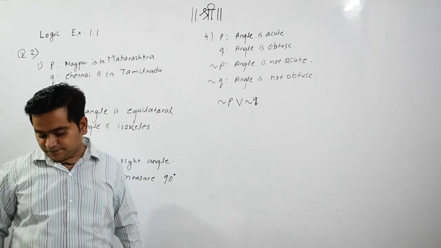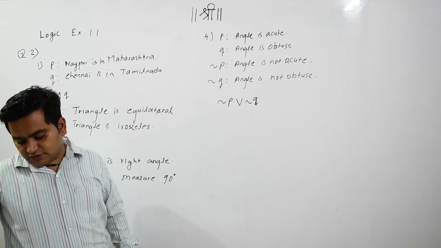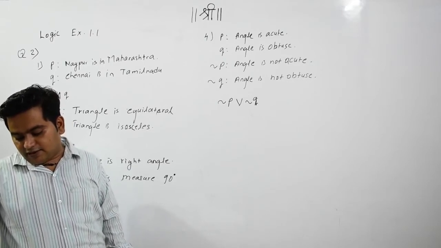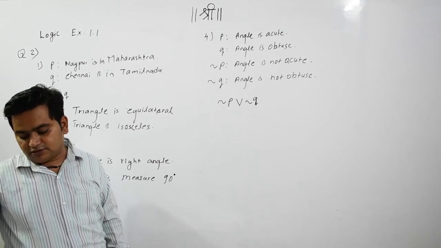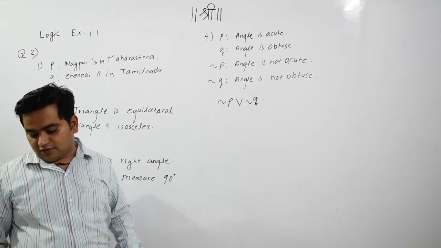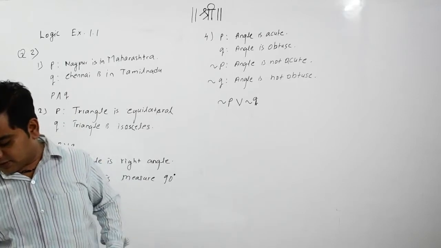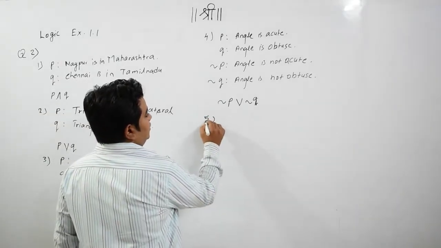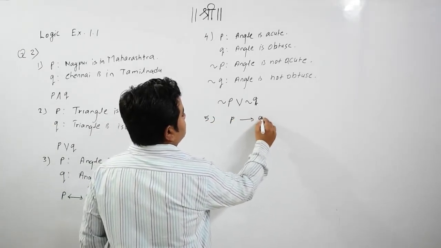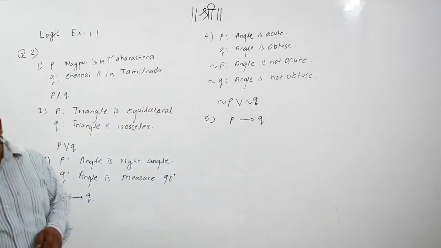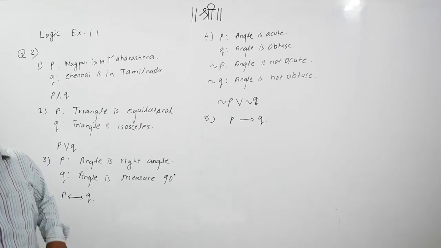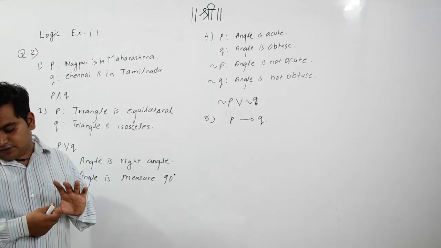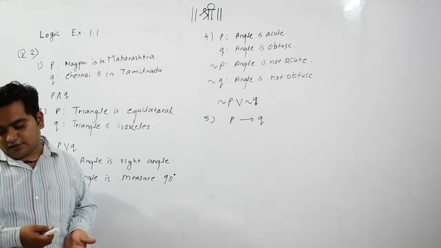Now next question. What is our next question? If the right angle triangle has angle at B, then, so this is again if then. So question number 5 simply says P implies Q. And question number 6 says double implication, if and only if. Again here double implication.